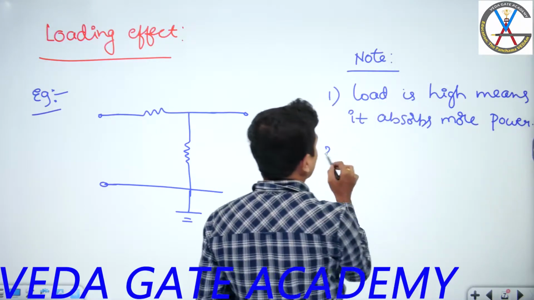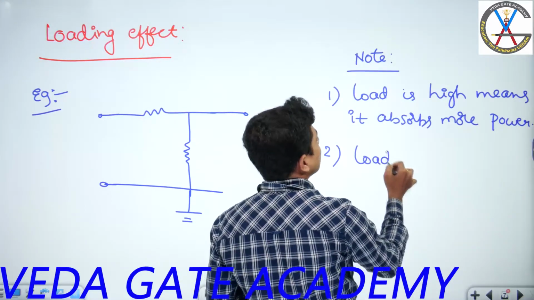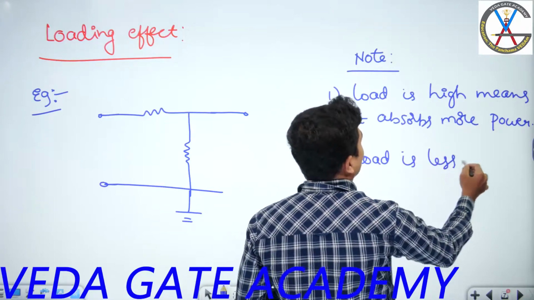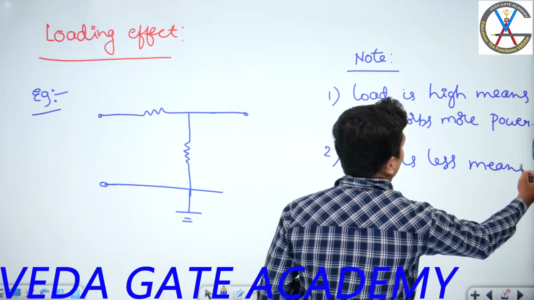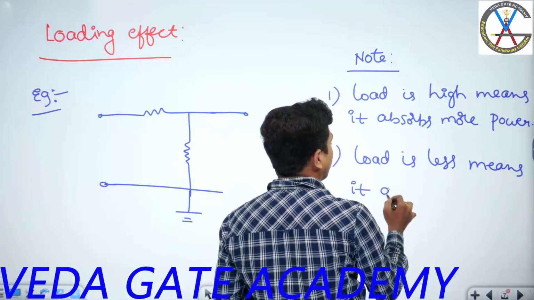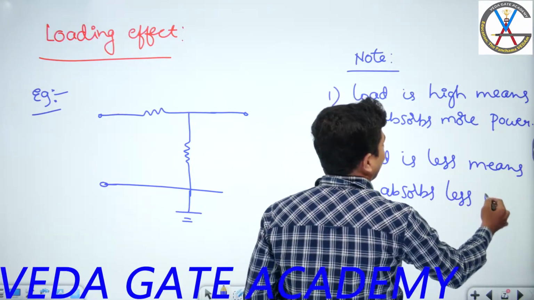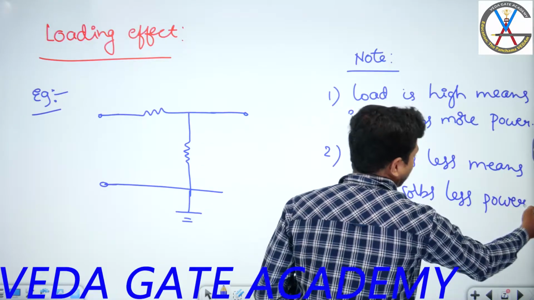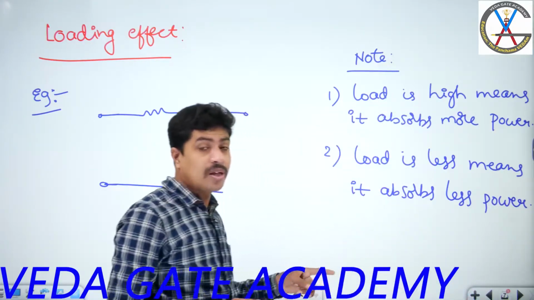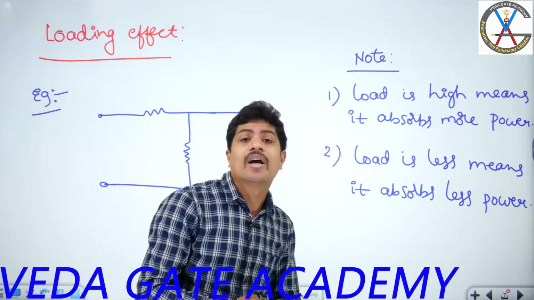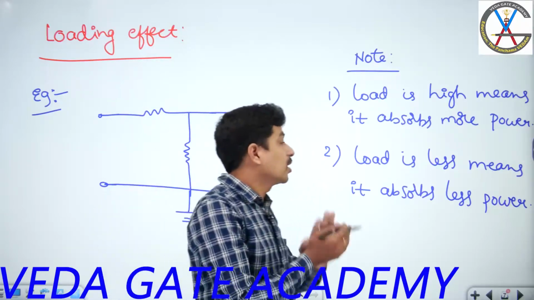First point. Second point, load is less. Vice versa. Load is less means it absorbs less power. These 2 points we have to understand very carefully. Now we just discussed load.